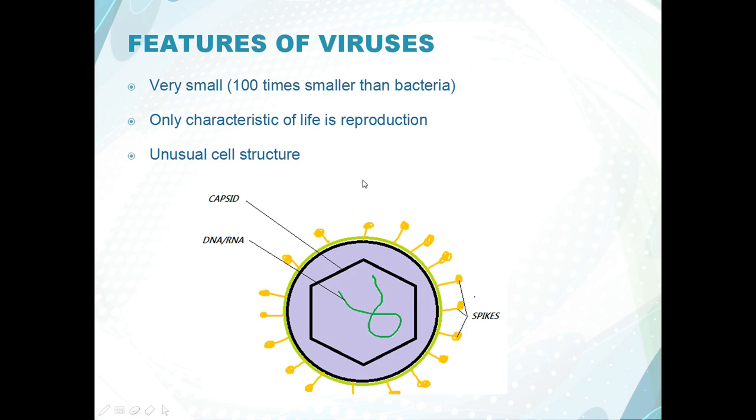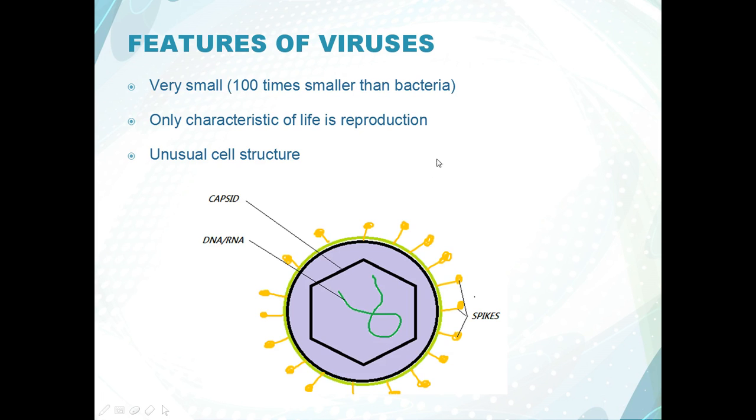Some people say that viruses are living organisms, some people say they don't, but the only characteristic of life that viruses actually show is reproduction. Now, we said that you need to have all those characteristics for an organism to be labeled as a living organism. In that respect, viruses are not a living organism, but that is another topic entirely.